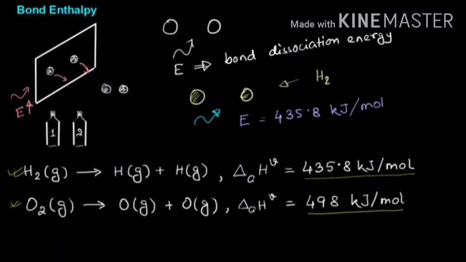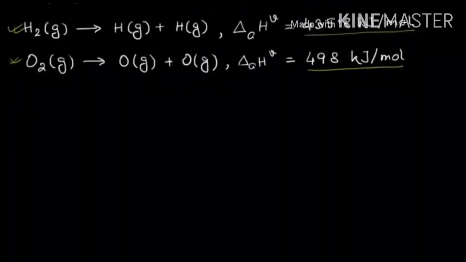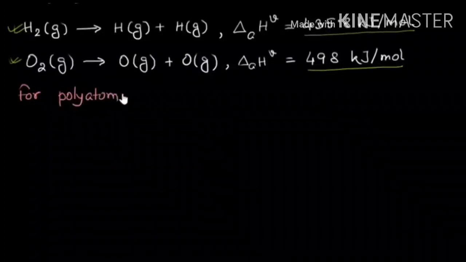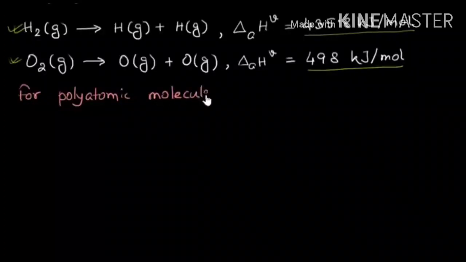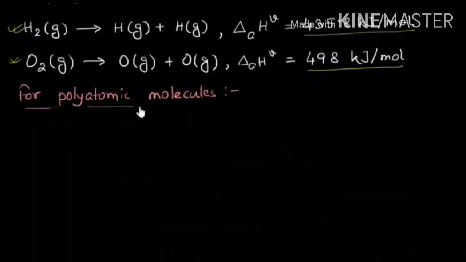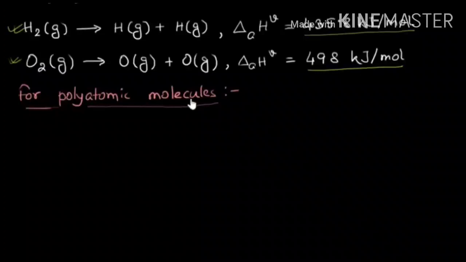In polyatomic molecules, different types of bonds are present, or more than one bond is present, and for breaking these bonds we need different energy, because the surrounding elements influence each other, due to which they don't have the same energy.